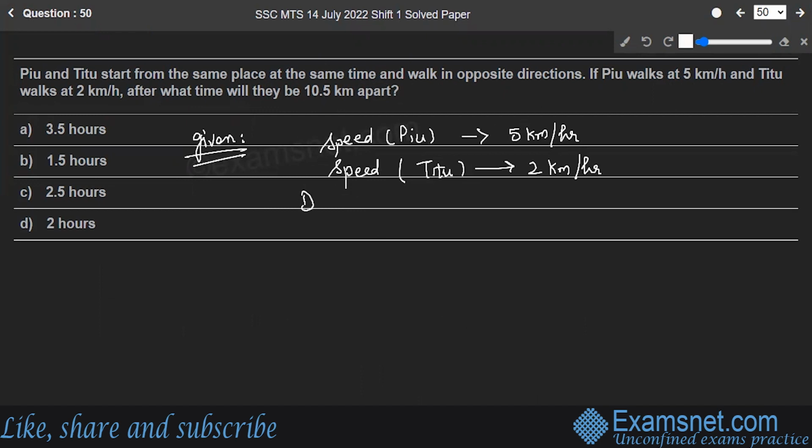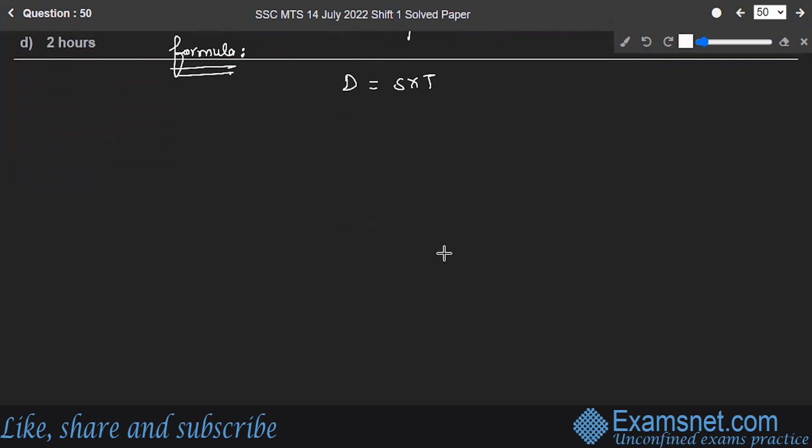So what is the distance apart that is needed? Distance apart is 10.5 kilometers. So what is the formula now? You know the distance is equal to speed into time. That formula you obviously know. So now let's move with the solution.